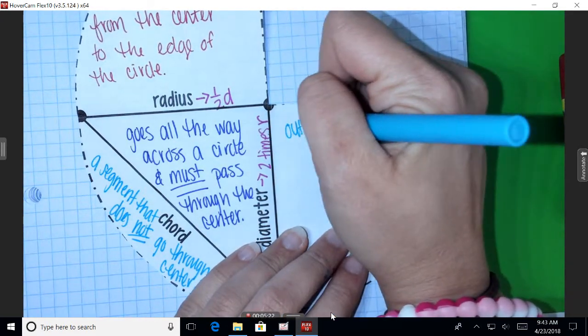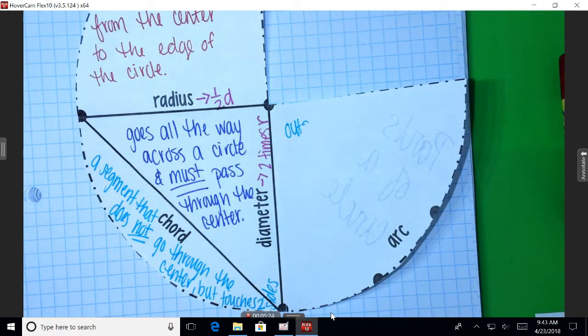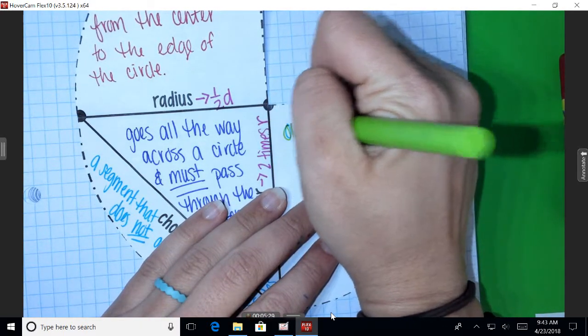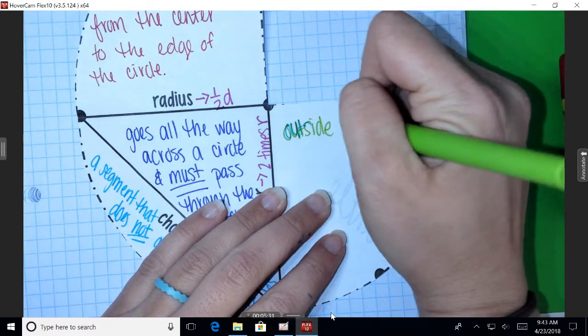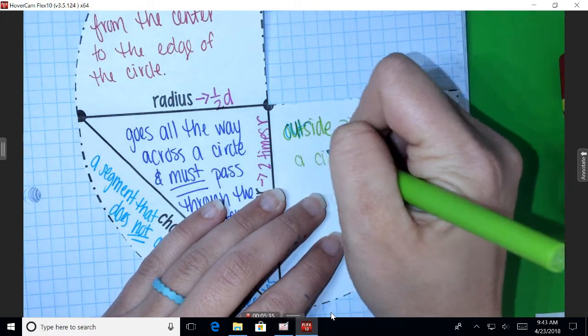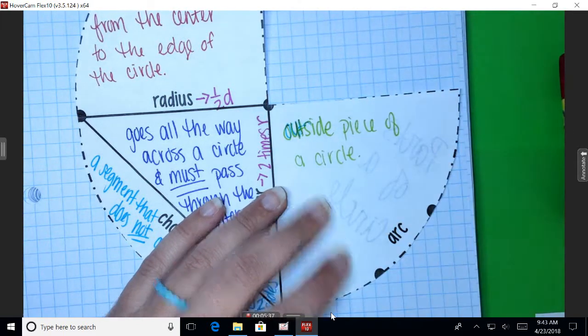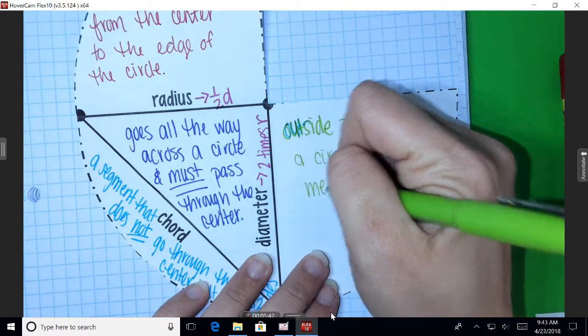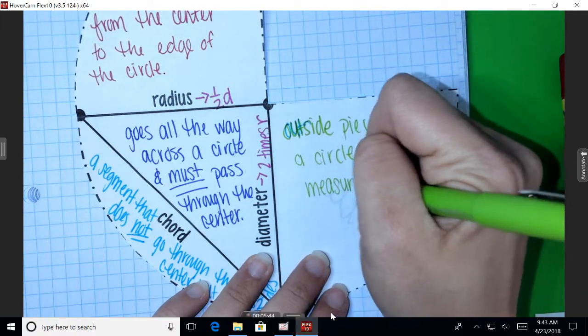An outside piece. And an arc is measured in degrees.